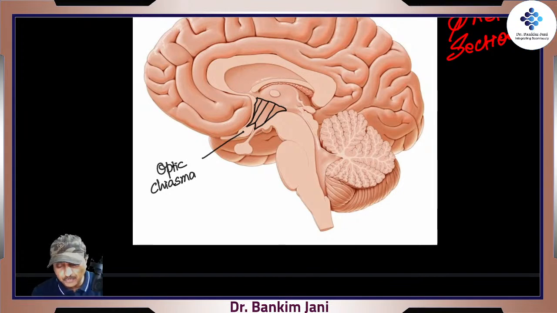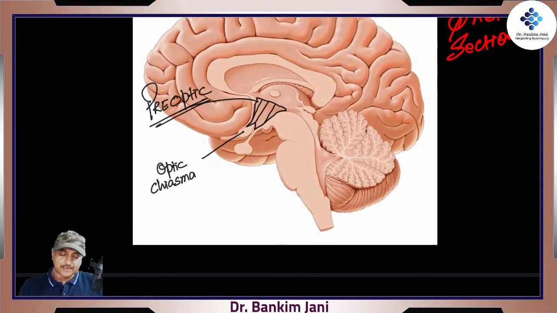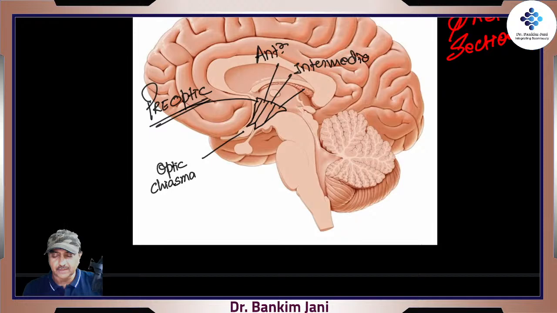This first portion, in front, we'll call pre-optic. These are the zones. Then the rest are all easy, because this is called the anterior hypothalamus, this one is called the intermediate hypothalamus, and this one is called the posterior hypothalamus.